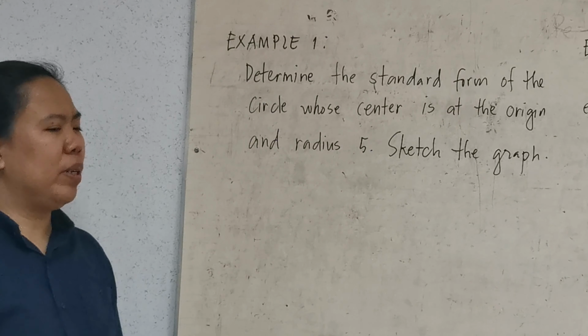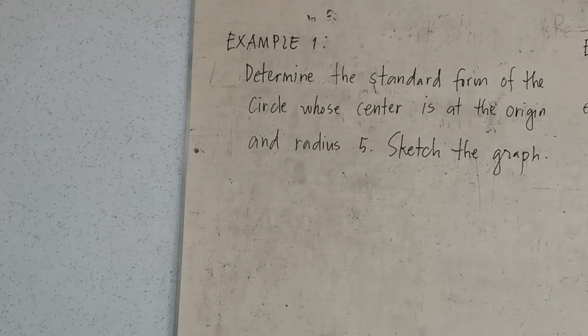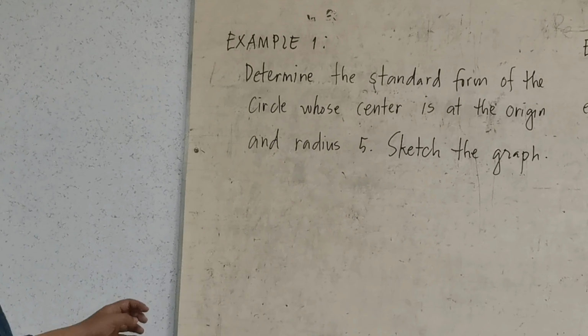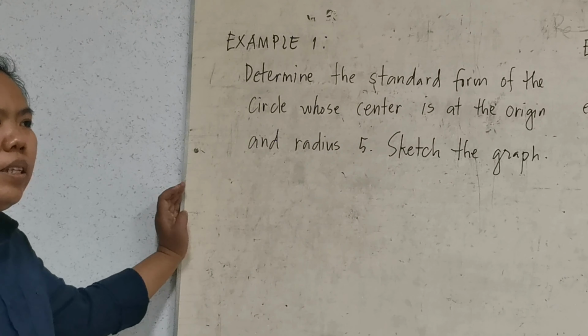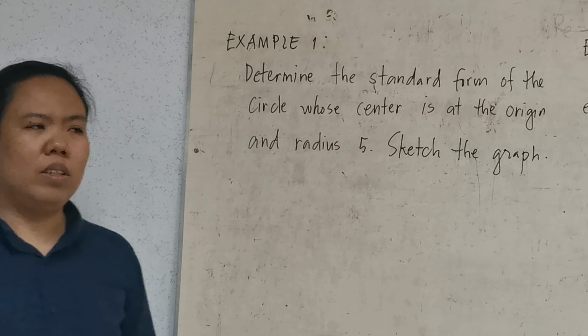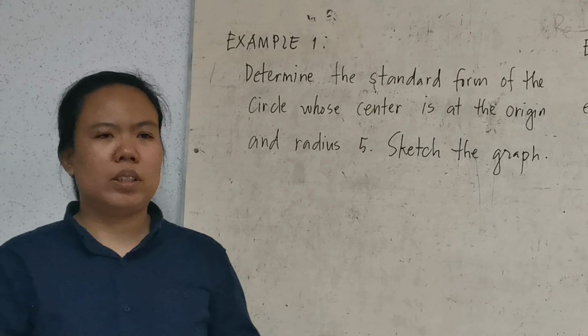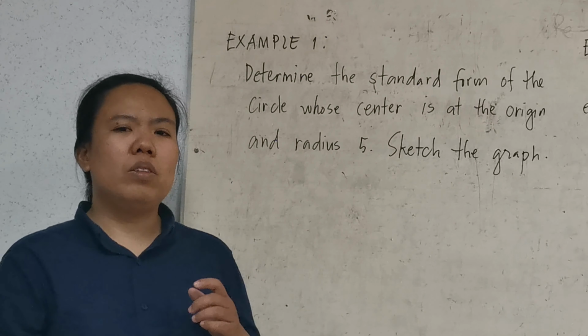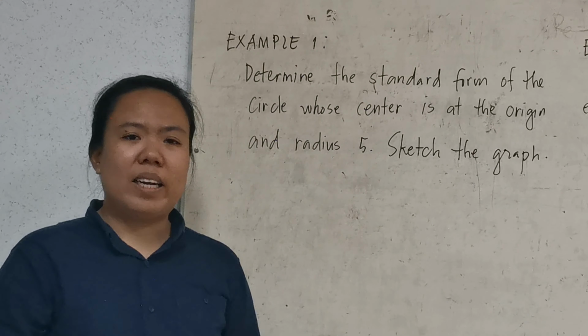Our first example: let us determine the standard form, or the equation of the circle, whose center is at the origin and the radius is 5. So we have to sketch the graph. Why is there a need to sketch the graph? It is simply because at other times there are equations of a circle that do not have a graph.